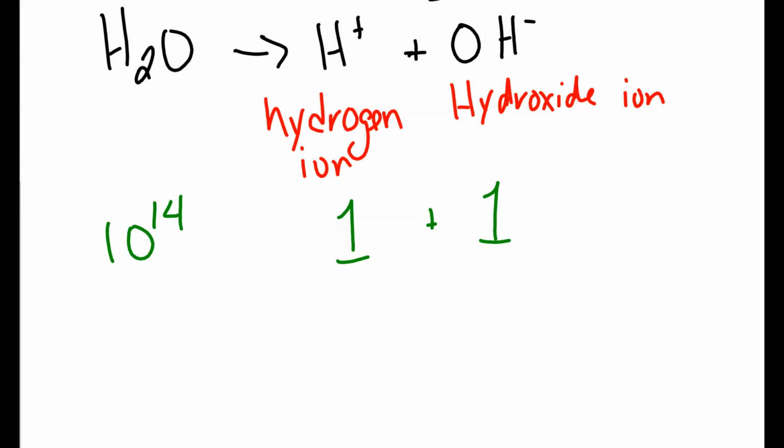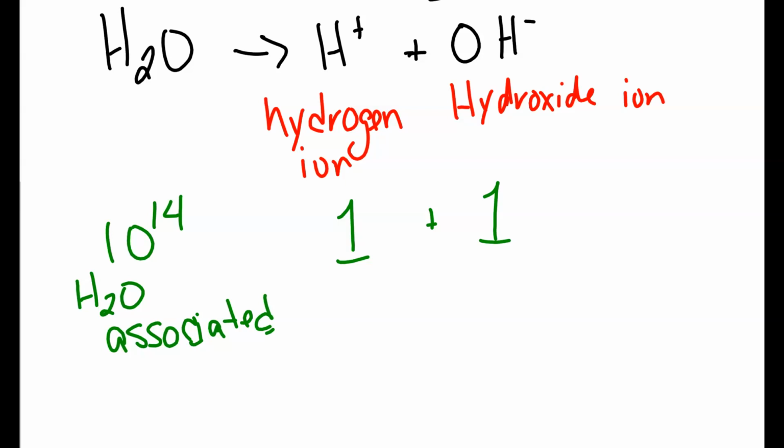So you have 1 times 10 to the 14th water molecules that are associated, which just means that they're regularly bonded. And you have one hydrogen ion and one hydroxide ion in solution.